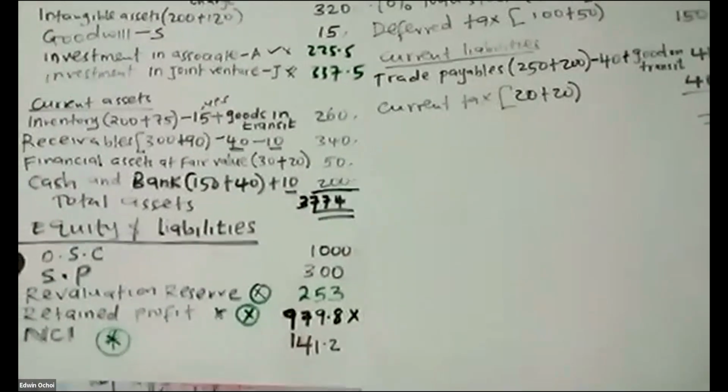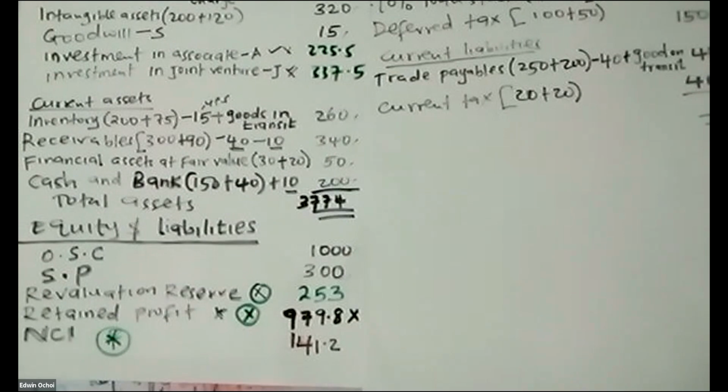What about equity and liabilities? Let us add 1,000 plus 300, that is 1,300, plus 253 plus 979.8 plus 141.2.